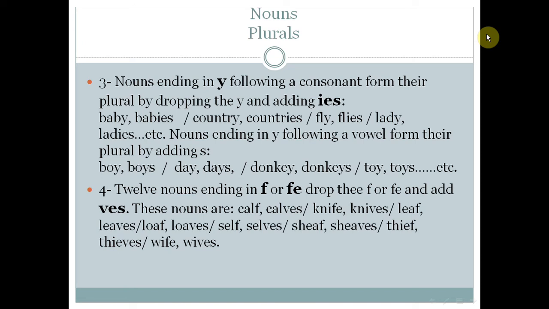So here we have 12 nouns like calf, calves, knife, knives, leaf, leaves, loaf, loaves, sheaf, sheaves, thief, thieves, wife, wives, wolf, wolves. So not all nouns end in FE. We form their plural by dropping the F or FE and adding VES.